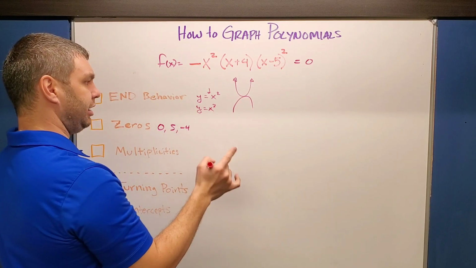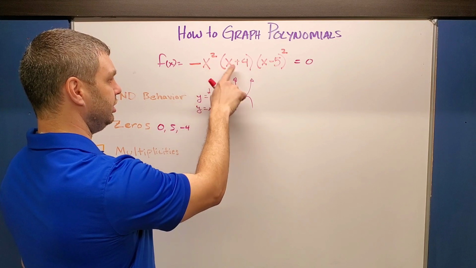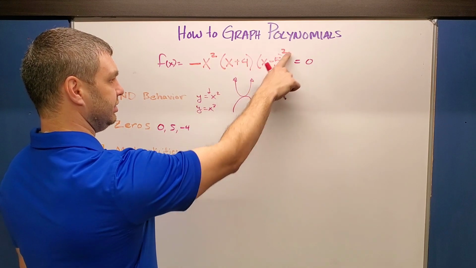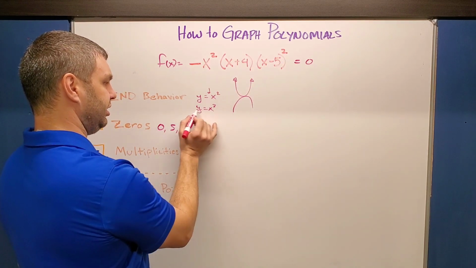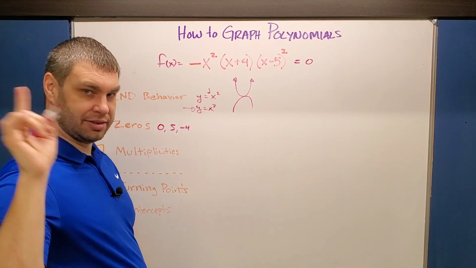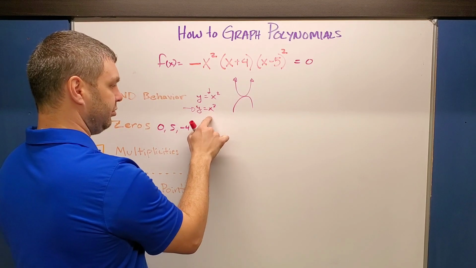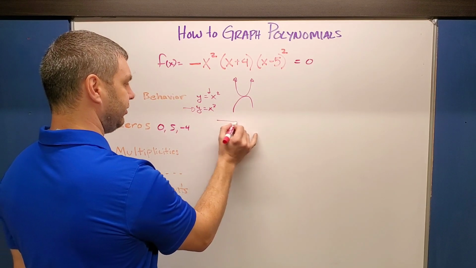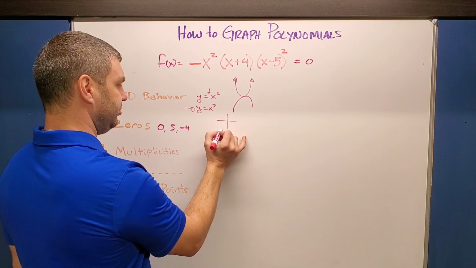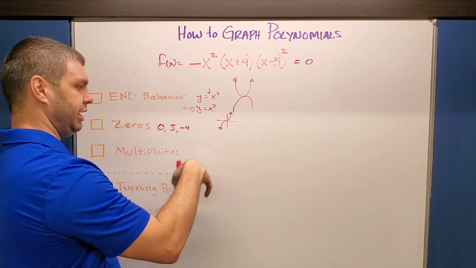So ours, if we think of how many degrees we have: 2, 3, and then this is 4, 5. Ours is going to look more like x cubed, where it's going to start at opposites, either start up and go down, or start down and go up. The graph y equals x cubed itself, we might remember from our families of graphs, starts down and goes up.